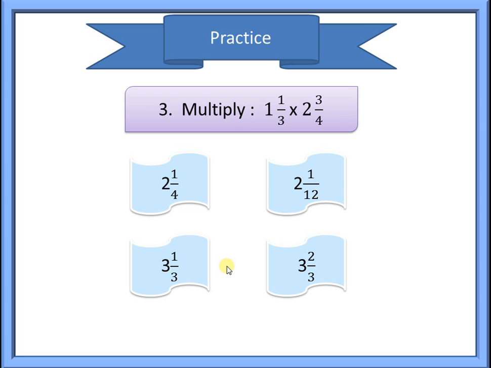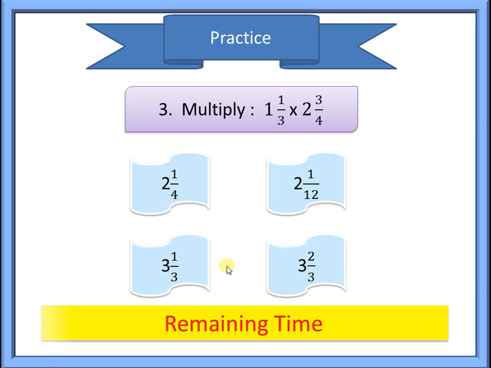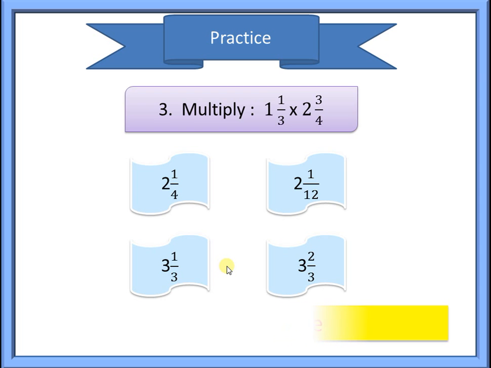Let's have our next one. Multiply 1 and 1/3 by 2 and 3/4. Let us start the time. Time is up, and the answer is 3 and 2/3.